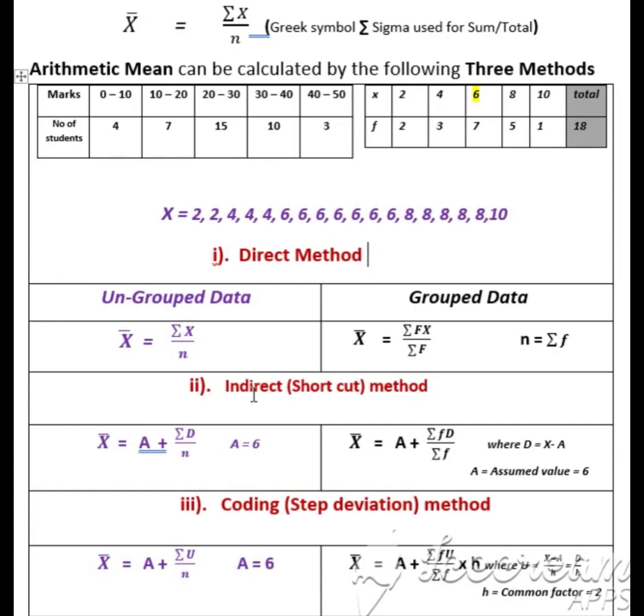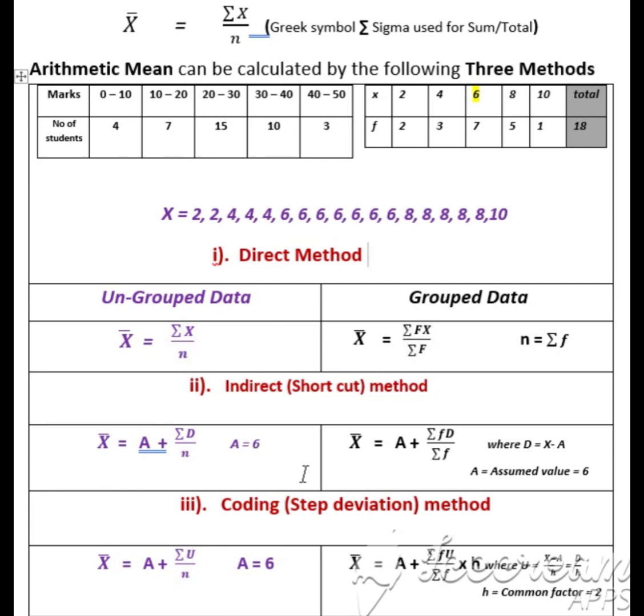And the direct method uses only x in both formulas. For grouped data, for all three methods, you apply frequency f above and below. In ungrouped data there is no f. The only difference is this one.